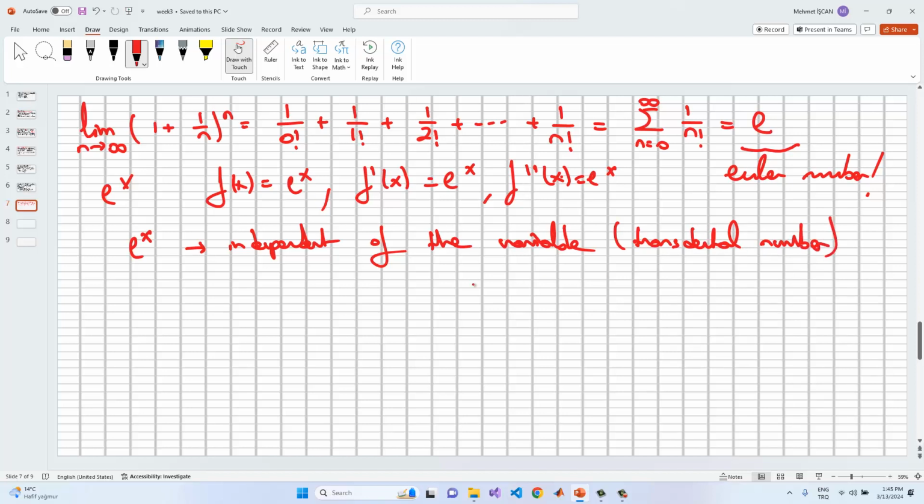Because if you take the derivative of this term, it is always e to the x, so it is independent of time or of the variable, and so we can model anything here. If you take the derivative of these terms, we always have the unit matrix.